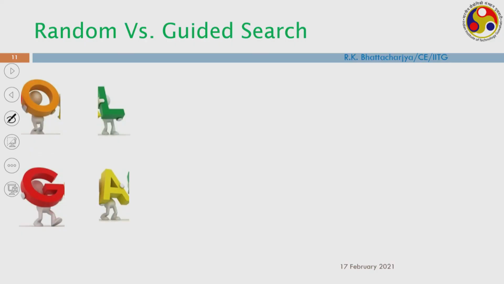Now, just take an example of these building blocks. Okay. This is a very simple problem. With this I would like to explain what is random search and what is guided search. So, now I have 4 letters: O, L, Z, A. Now, I am asking you to create the word GOAL using these letters.